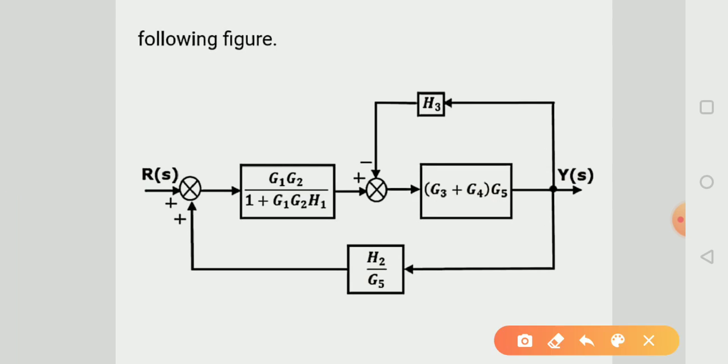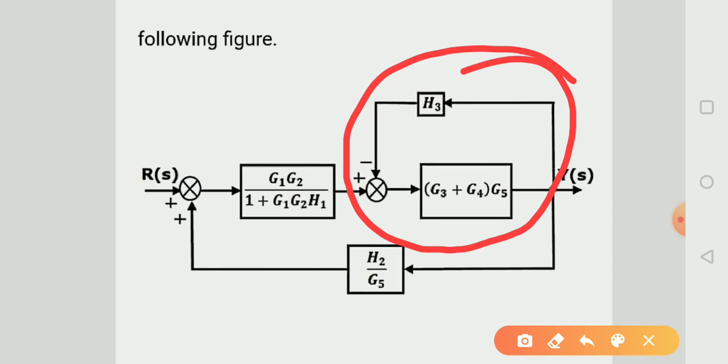Now we can say that here also there is a feedback path and feedback loop. We apply again the formula of the feedback loop. Here the gain is G3 plus G4 into G5.